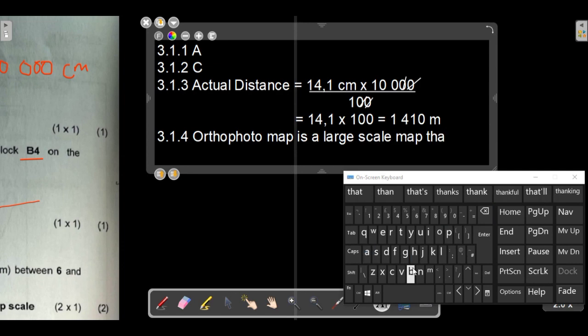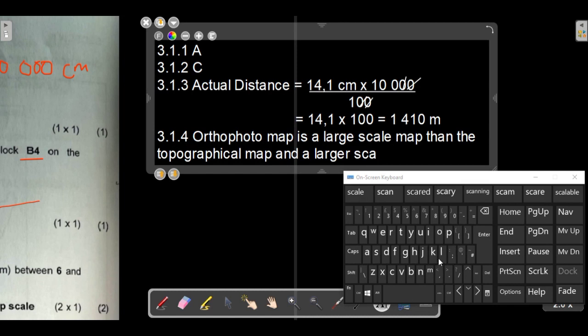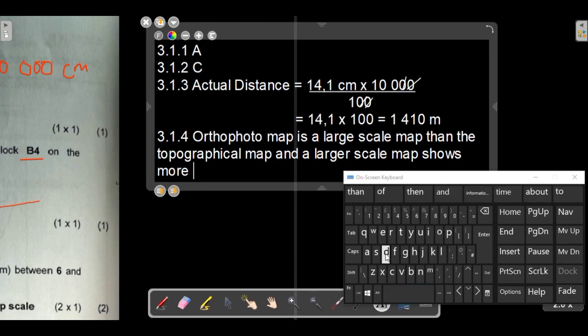Okay, and it's always going to be like this, guys. And of course, a larger scale map shows more detail. So that is your answer there. You can't get it wrong, guys. Never. Okay, so it shows more detail. Right. Let's move on to the next question then.